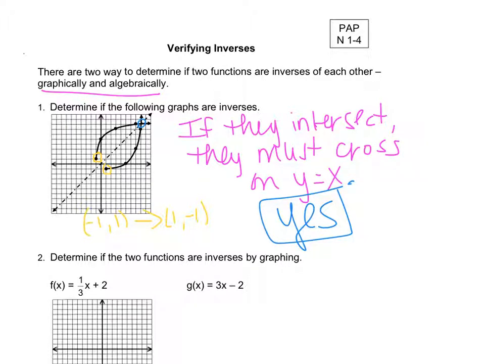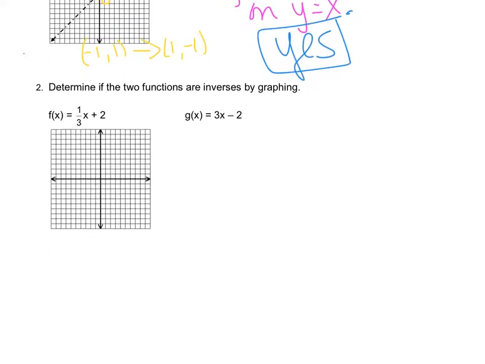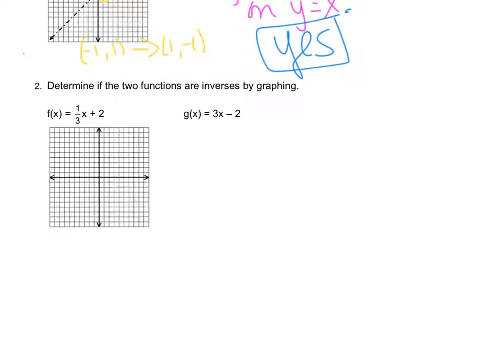Okay, let's look at 2. Now this time we're given the two functions. We're going to determine graphically if they're inverses, but we have to graph them. You could plug it in the calculator and find the points from the table, but since these are linear, you could also use slope and y-intercept. So that's what I'm going to do. This first one, my slope would be 1/3. Y-intercept's 2.